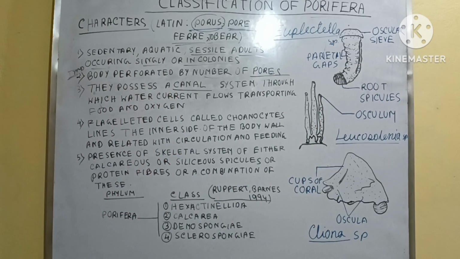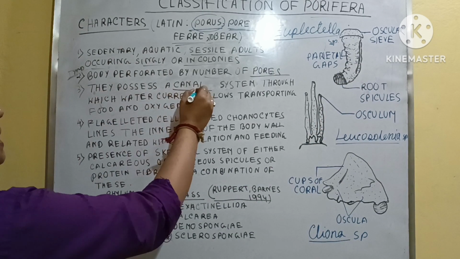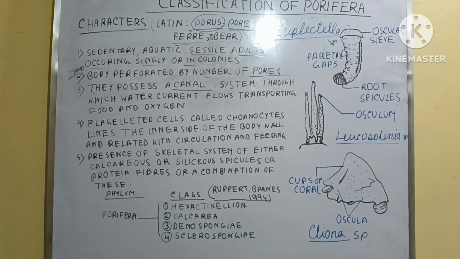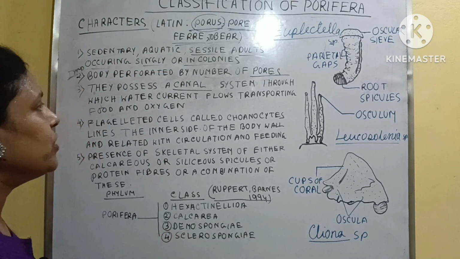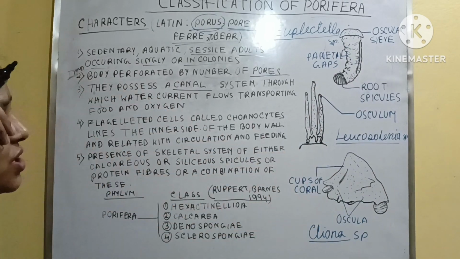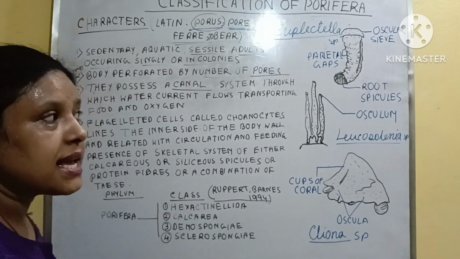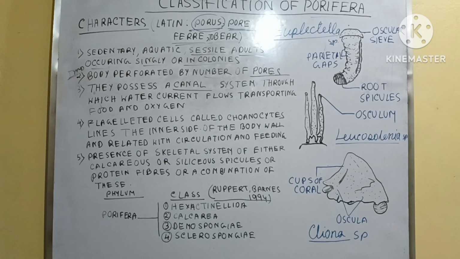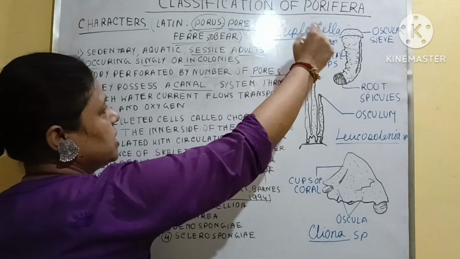Clear? They possess a canal system. Why this canal system? The canal system helps them to transport the nutrients, the food materials and the oxygen throughout the body.